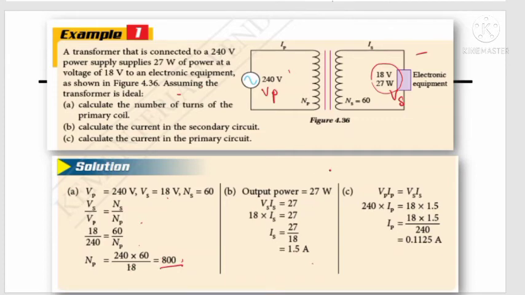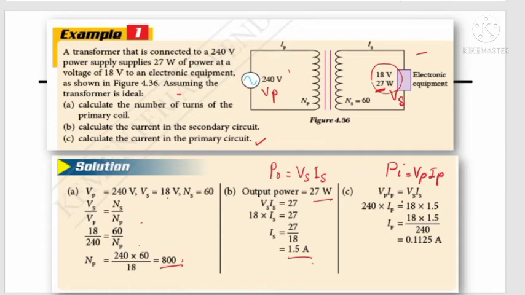Output power is 27 watt. From the formula, output power equals VSIS. Output is the secondary circuit, so VSIS equals 27 watt. Calculating for IS, we get 1.5 ampere. And then part C, calculate the current in the primary. Primary is the input part, which is VPIP.